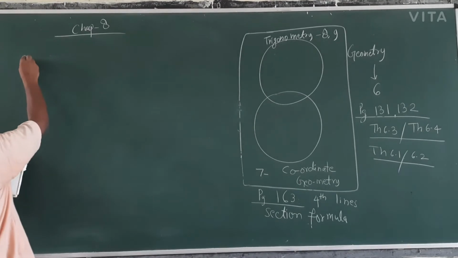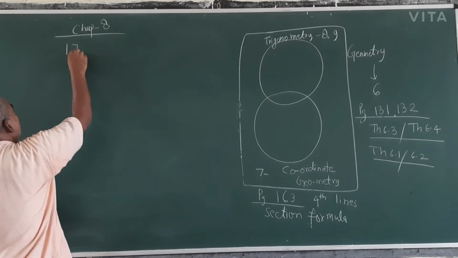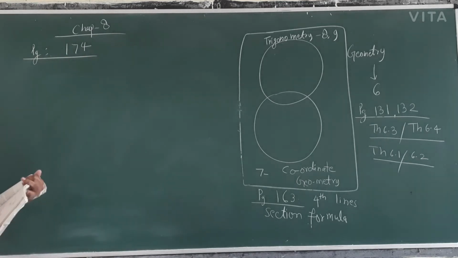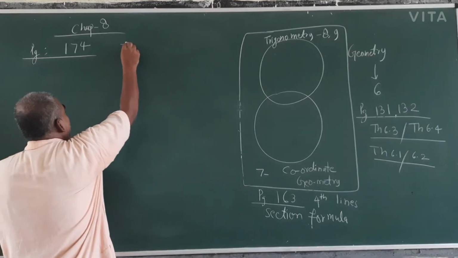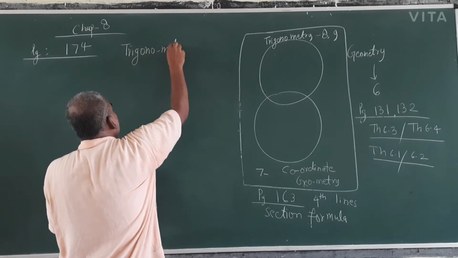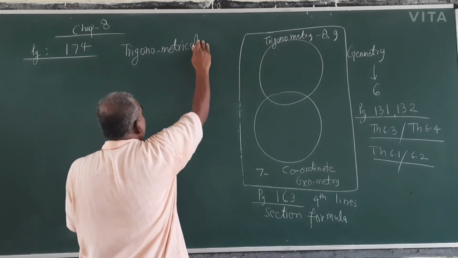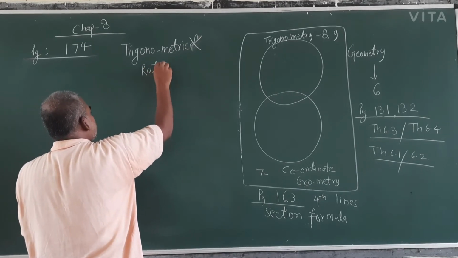So in chapter number 8, come to page number 174. Their term is trigonometric ratio, in short form called TR.